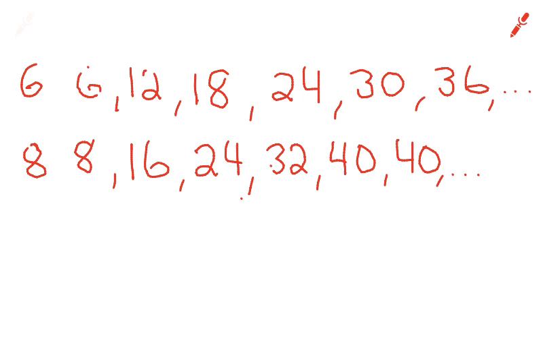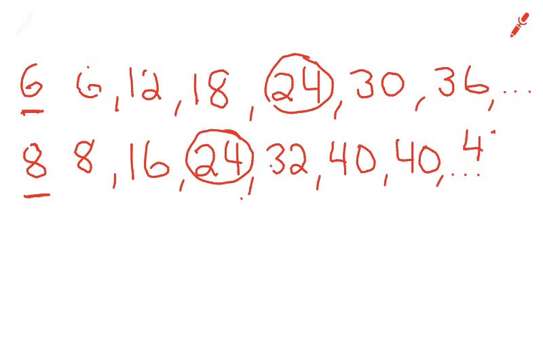So in the next box of our chart for this first part with 6 and 8, it's asking for the common multiples. What do both 6 and 8 share? What do they both have as multiples here? Well, I look up and down our chart here and I see that 24 would be one that they shared. If we went farther down, eventually you'd see a 48 would come up on both of them.